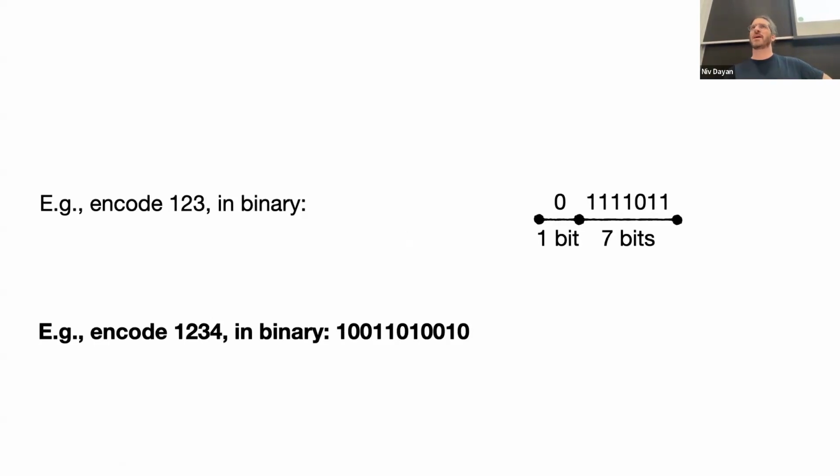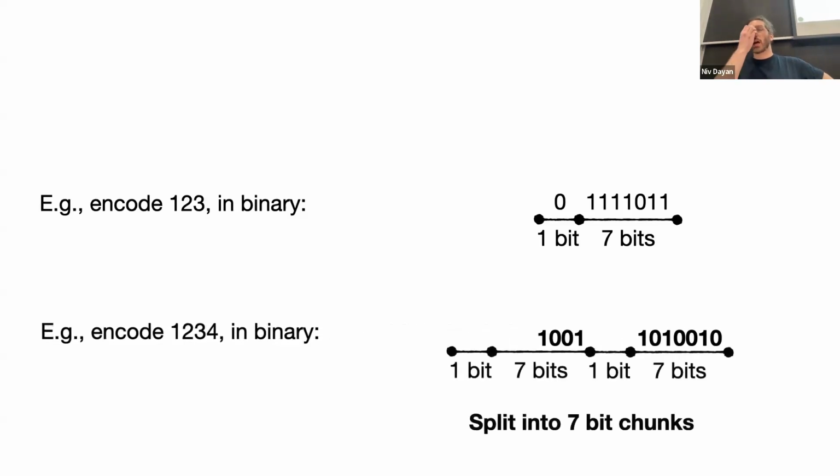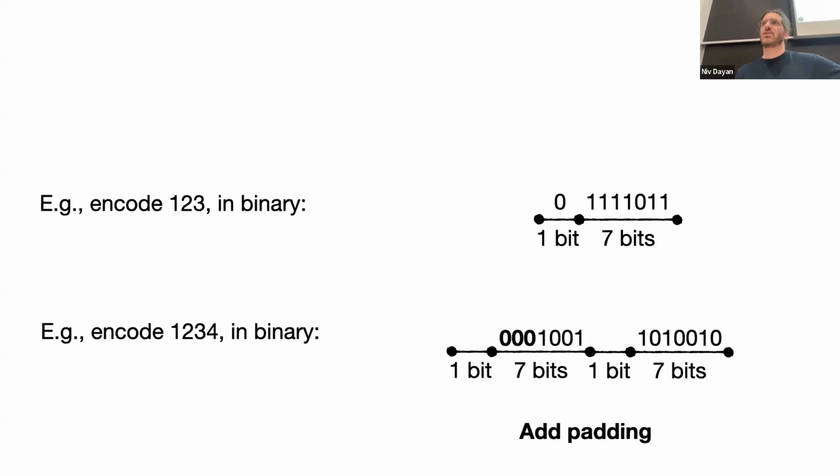It doesn't fit in 7 bits, so we are going to use 2 bytes. 7 bits fit completely in this byte, but only 4 bits fit here. We have some spare space here. What should we do with this spare space? Just add zeros. The continuation bit here is going to be 1 because we have 1 more byte coming. Here it's going to be 0 because this is the last byte of this integer. Good.